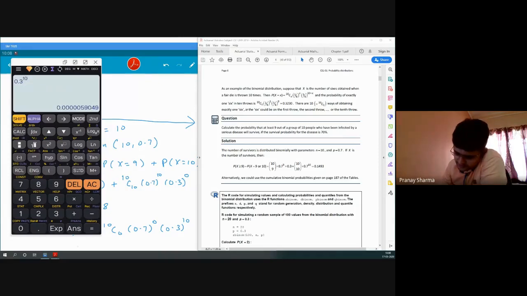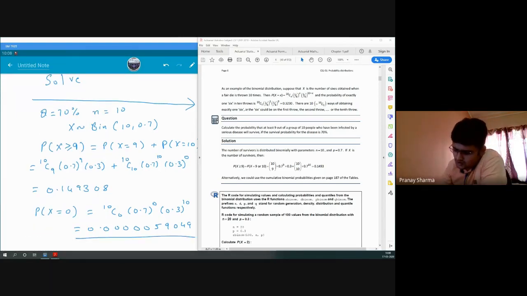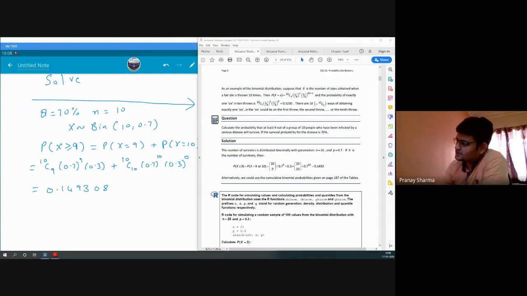So that becomes 0.0000059049. Clearly, the probability that no one would survive is so small that the likelihood of that happening is almost impossible, right? So this is how we make decisions using our distributions, using our past data, using our statistical analysis.